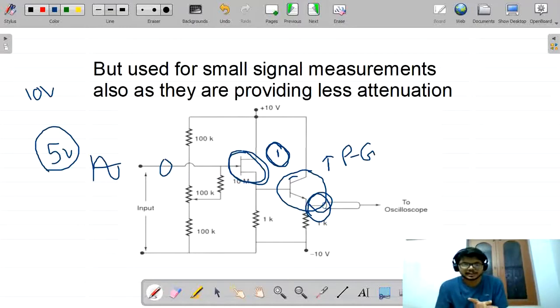Listen carefully. My FET is capable of only a few volts. Suppose my input signal is at very high volts compared to the maximum limited voltage of the FET. Then we need to place an attenuator here such that the input voltage is reduced to the maximum voltage that the FET can take.